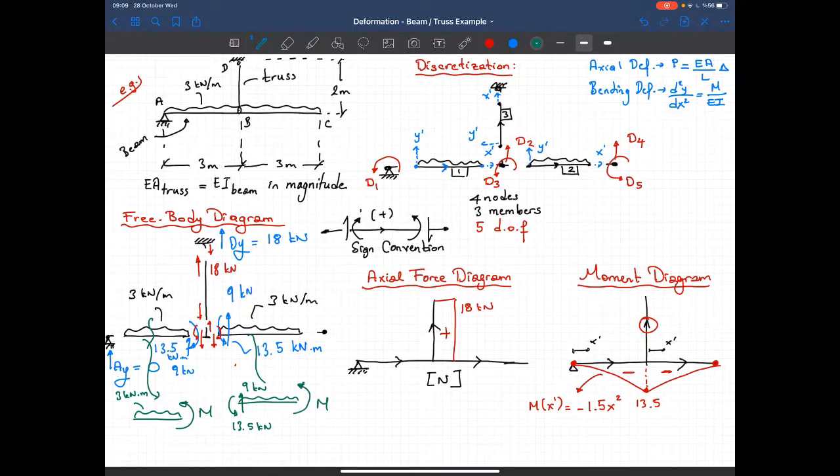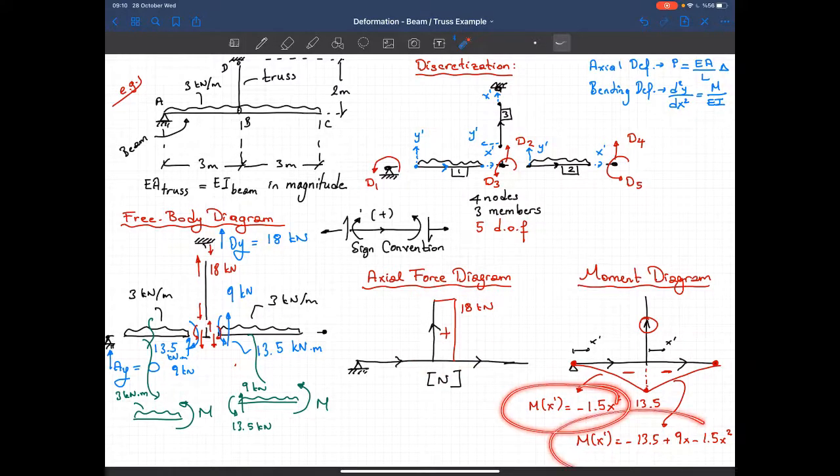This is for the second member, and when you do that we obtain M of x prime equal to minus 13.5 plus 9x minus 1.5 x squared. So if you look at this, we have all the information that we need, right? I have the axial force, I have the equations for the moments.